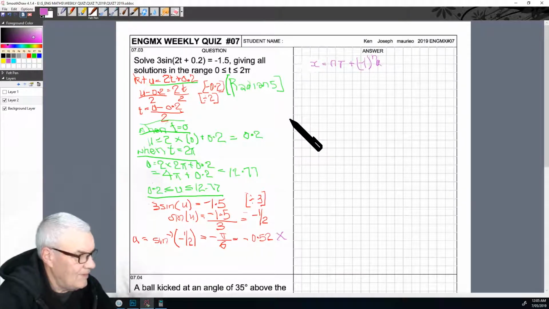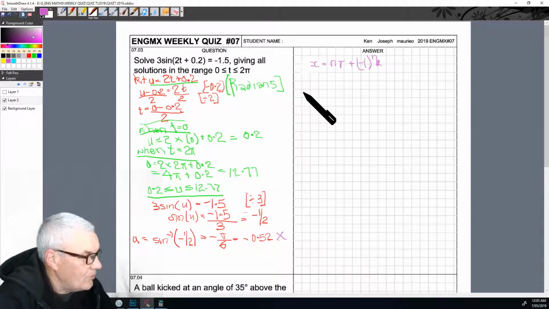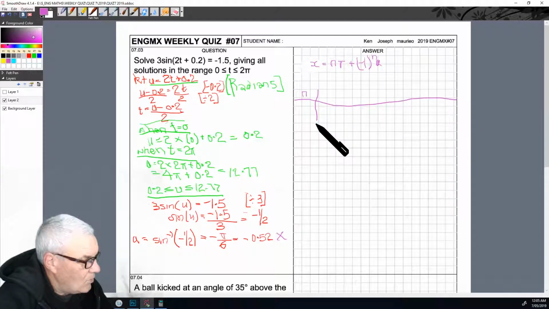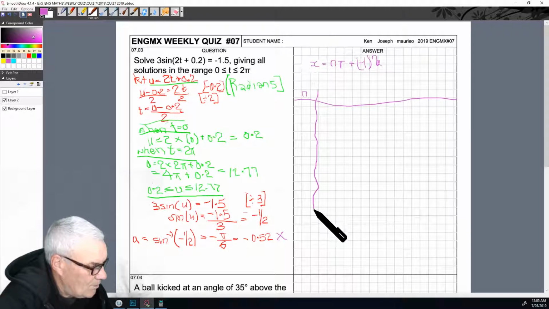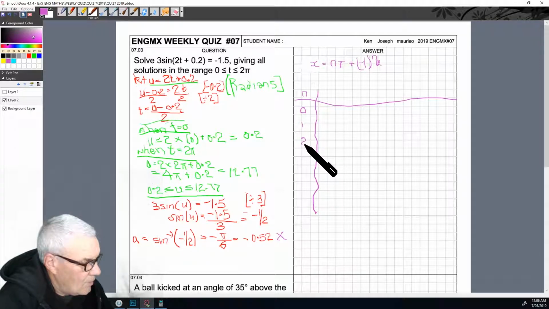All right. So what we've got to do now is set up this little table. So we have n, so we'll look at the different values of n. So the table comes across the top like that. So n, we've got 0, 1, 2, 3, 4, and 5.